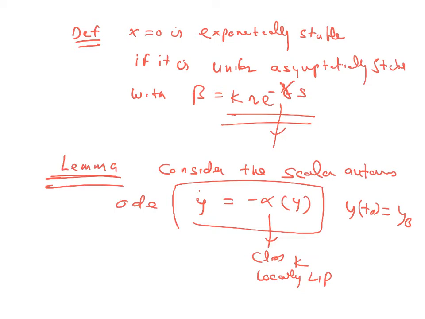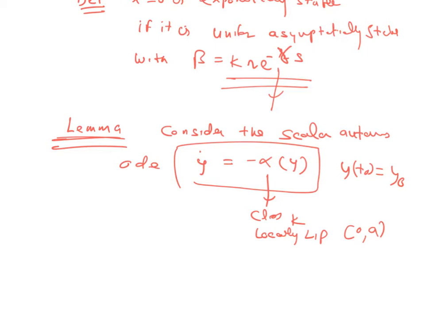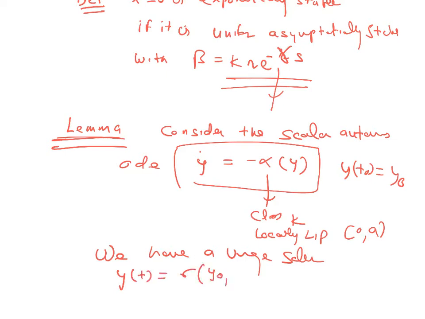Then, with alpha locally Lipschitz, we have a unique solution, which is y of t equals sigma of y of 0 comma t minus t0. So your unique solution will be of this form. We are always dealing with x dot equals something, right?